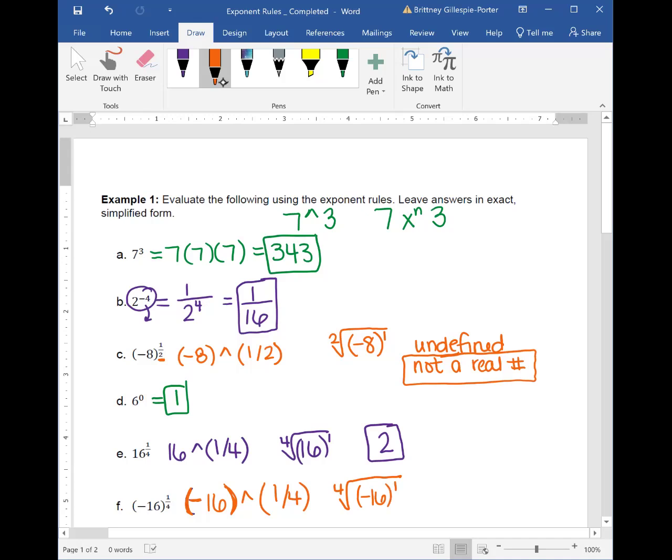We have a negative under the radical, and we have an even number on the outside of the radical. That's again going to get us not a real number. If you plugged this into your calculator and you got -2, it's because you did not put parentheses around that -16. Those parentheses are crazy important. Don't forget them.